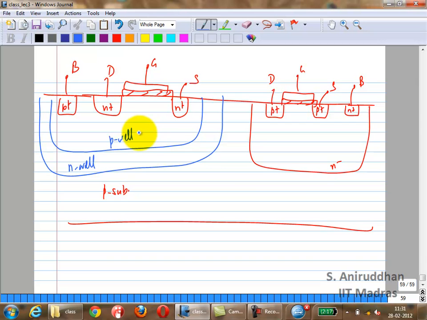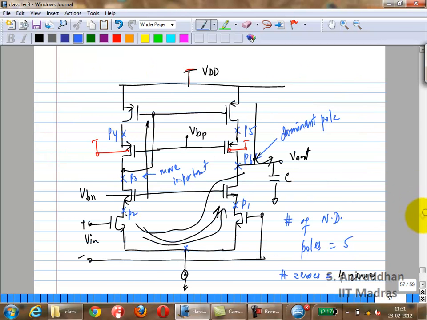Okay, so let's take the case of the PMOS here. If you connect it to VDD, we know the threshold voltage is going to change. And to avoid that, you can actually connect it back to its own source. What happens if you connect it to its own source?